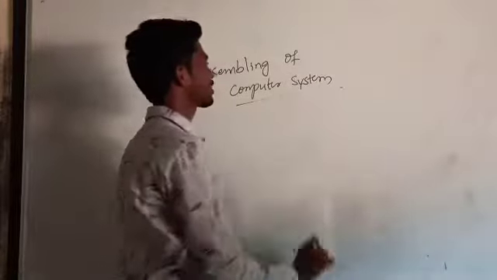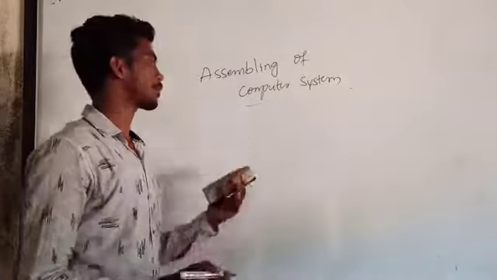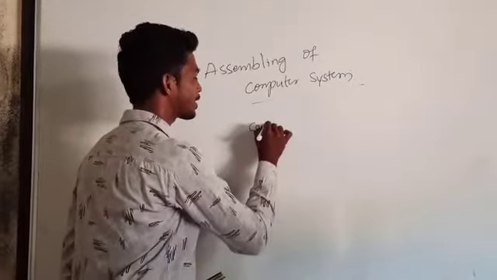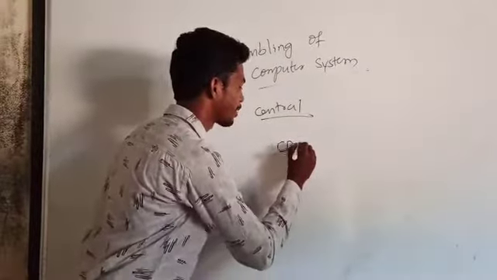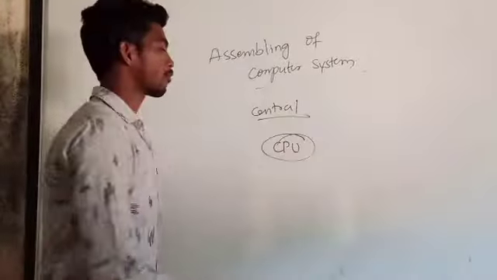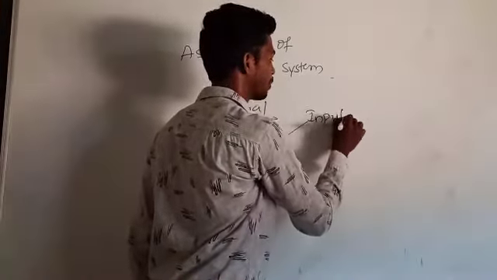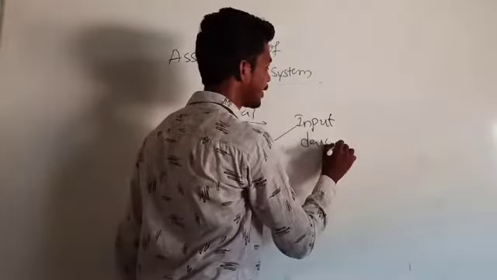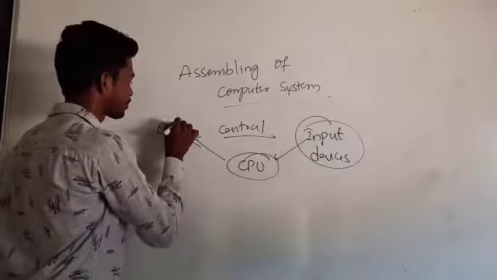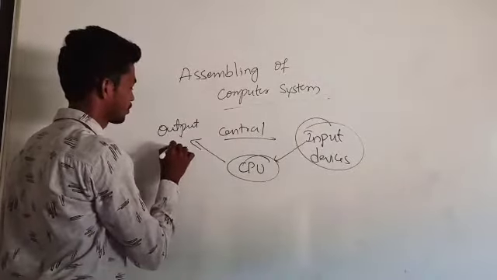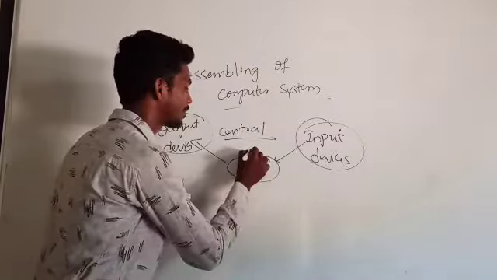Assembling a computer system refers to the connections to be made for the computer system, where the central thing is the CPU, to which the input devices and the output devices are connected.